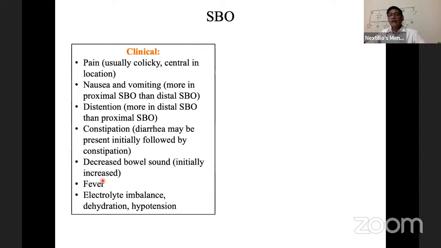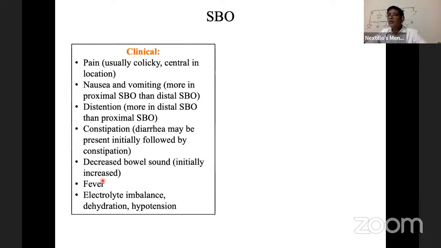Further on, above the level of the obstruction, there is accumulation of fluid, and because of this accumulation of fluid, there is further water and electrolyte loss. These two together lead to an amplified electrolyte imbalance and dehydration.